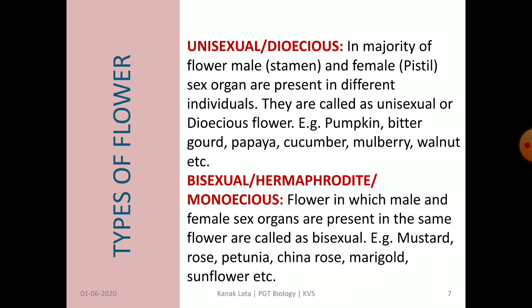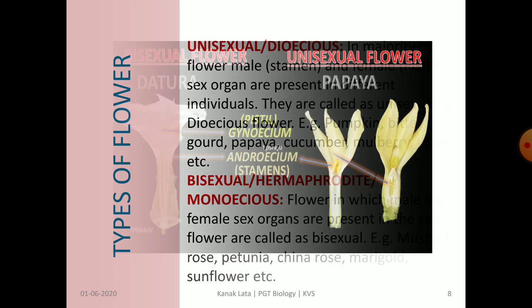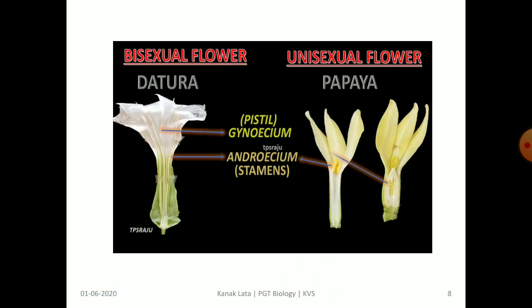Those flower in which both male and female sex organ are present in a single flower, then they are called as bisexual flower or hermaphrodite or monoecious. Example of bisexual flowers are mustard, rose, petunia, china rose, marigold, sunflower, etc. In this given figure, you may observe unisexual and bisexual flower of papaya and dhatura respectively.